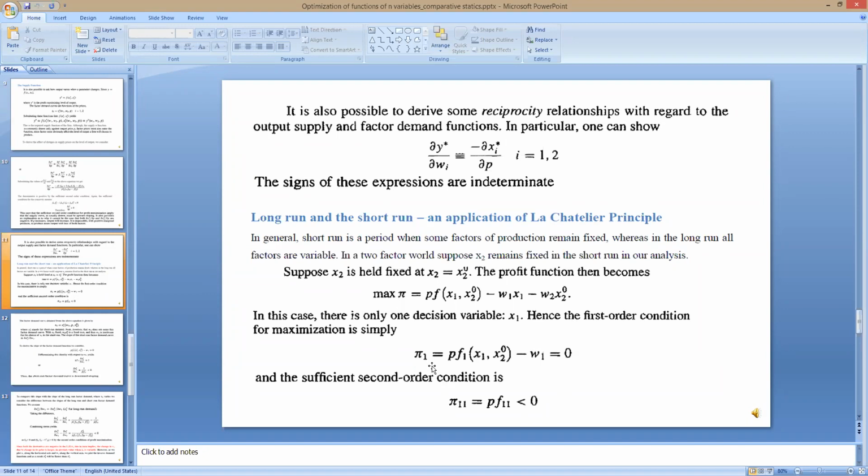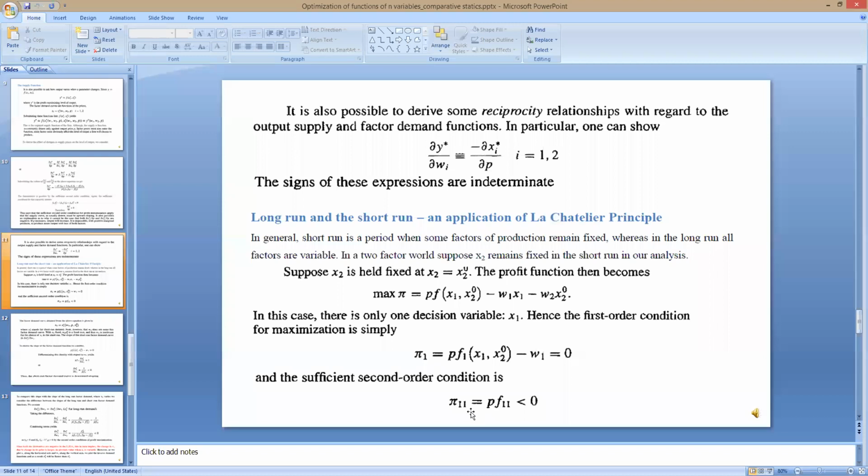So this is pi 1, which is p f1, a function of x1, x2 naught, minus w1 from the second term. Now there will be no del pi by del x2 as we are considering x2 to be fixed. It is not the variable component or the decision variable in the model. It is given. So we take the derivative only with respect to the decision variable, not with respect to the other variables.